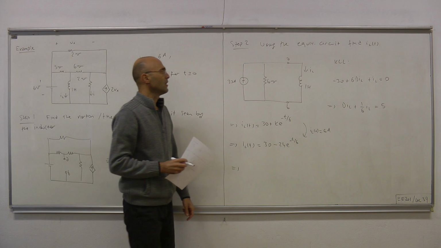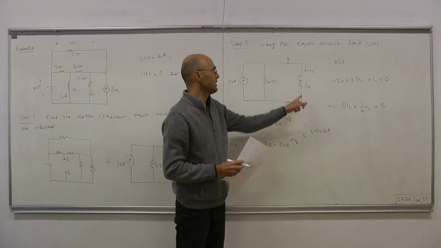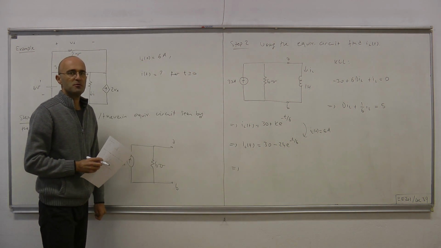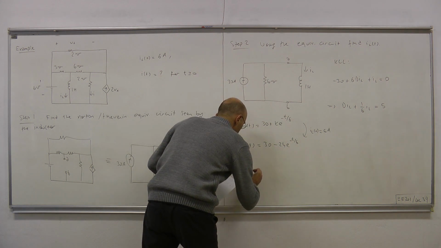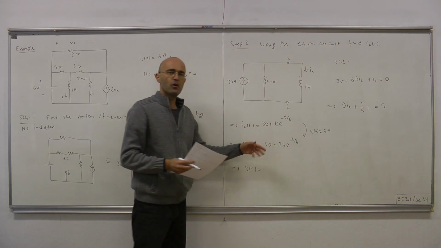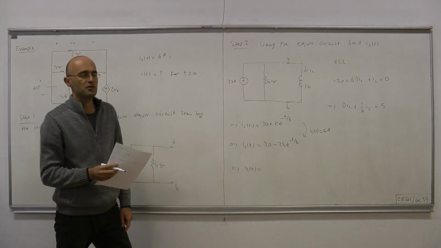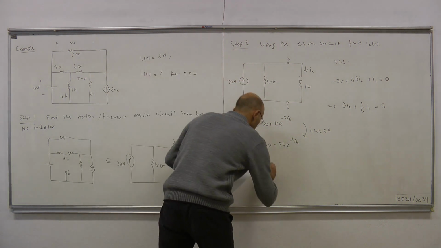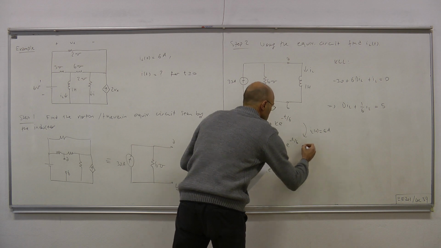And VL equals L dIL/dt. L is 1, therefore the derivative of that function must be the voltage VL(t). If you differentiate this, the 30 goes away because it's constant, and what we have is minus 24 times minus 1 over 6 times e to the minus t over 6, and that's 4 e to the minus t over 6 volts.